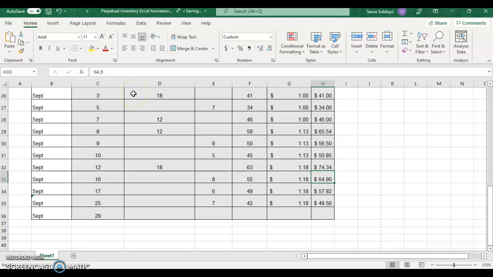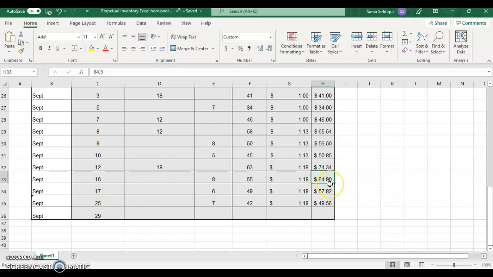At this point, you can see that this roundup feature makes sure that our Excel calculations match our handwritten calculations.